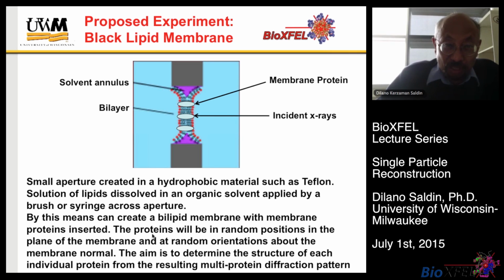Suppose you create what's called a black lipid membrane. This is a membrane stretched across a hole in a material, and it can be thinned such that the membrane is a single bilipid layer. So the membrane would be one protein deep, if you like.